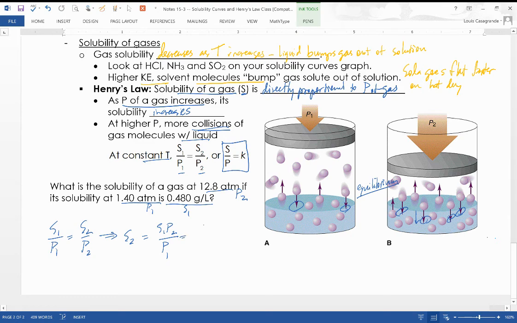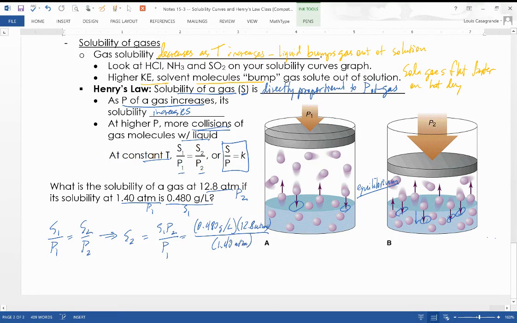Now let's plug in our numbers: 0.480 grams per liter times 12.8 atmospheres, divided by 1.40 atmospheres.